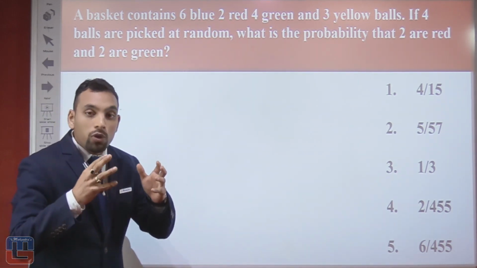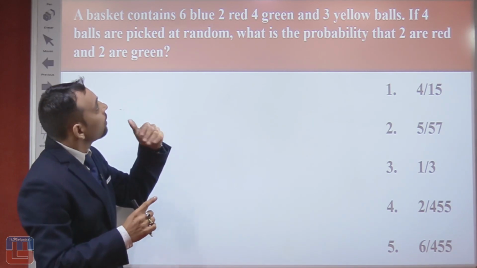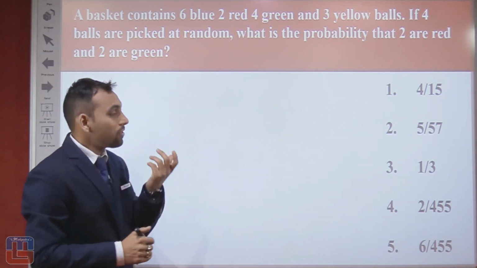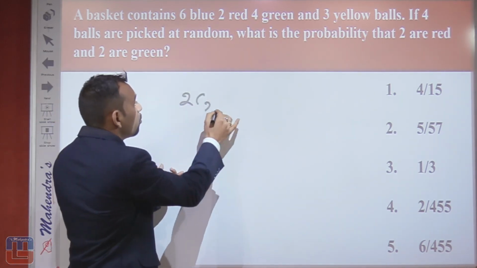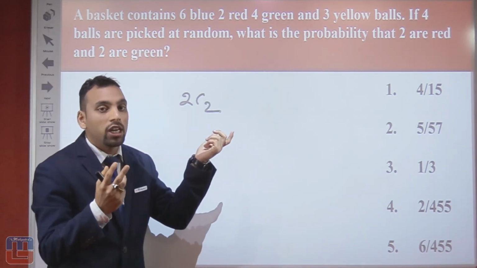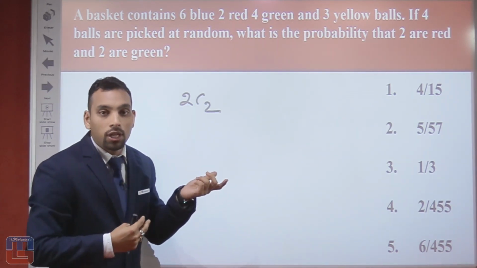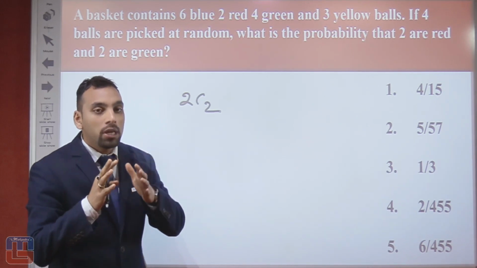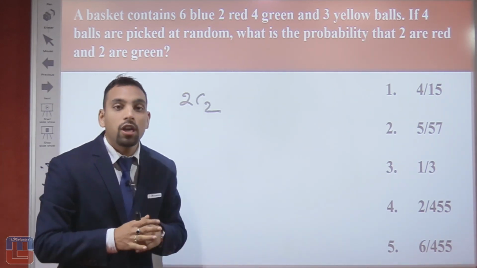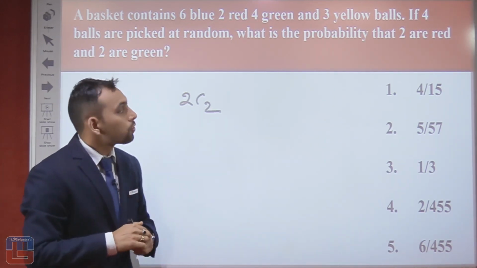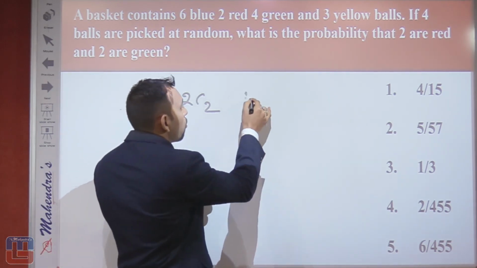We will select 2 red from 2 red, so the selection is 2C2. The remaining 2 should be green, and the total number of green balls we have is 4, so we select 4C2.